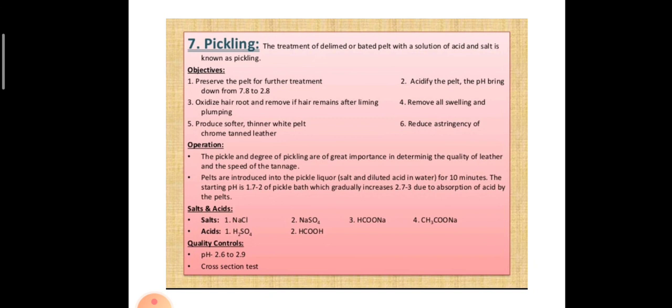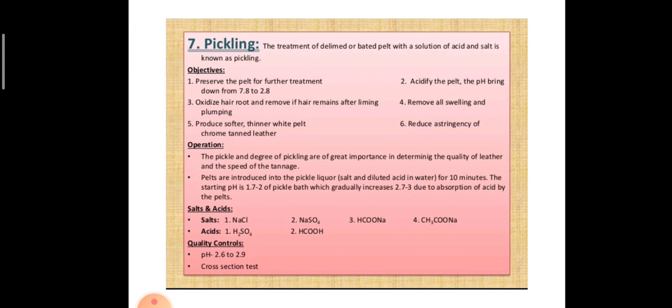Now what about the operations? The pickle and degree of pickling are of great importance in determining the quality of leather and the speed of the tannage. Pelts are introduced in the pickle liquor, salt and diluted acid in water, for 10 minutes.